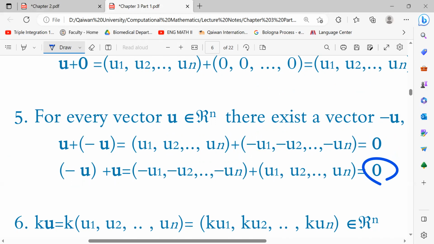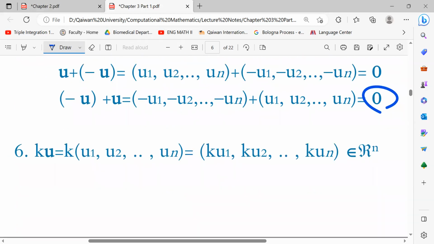We now have axioms for scalar multiplication. We have five scalar multiplication axioms. We say if we multiply any vector by a constant, we must get a vector in the form of the vectors in the space. Look, if we multiply u by k, we get this.